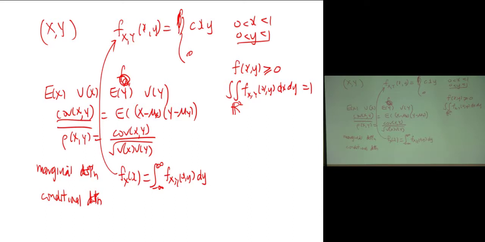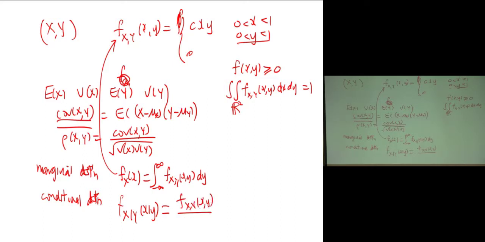And just like the discussion on events, where we have conditional probability for events, we also have conditional distribution. That is, for example, f of x given y. All right? By definition, it just follows from the definition of the joint distribution.